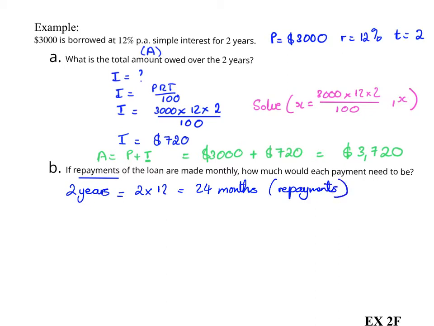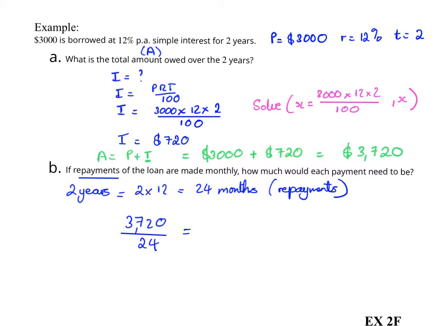So if altogether I'm paying back $3,720 and I'm paying it back for 24 months, I would have to divide that amount by 24 to see how much I'm paying per month.